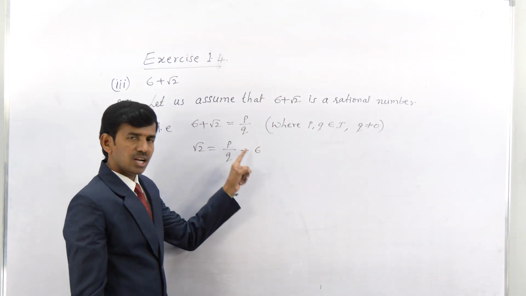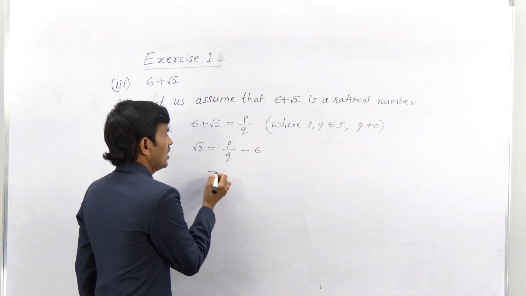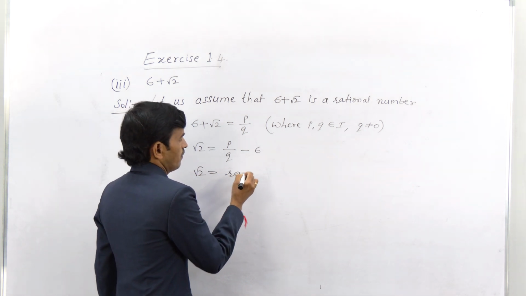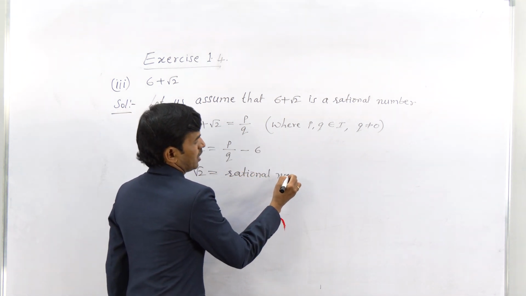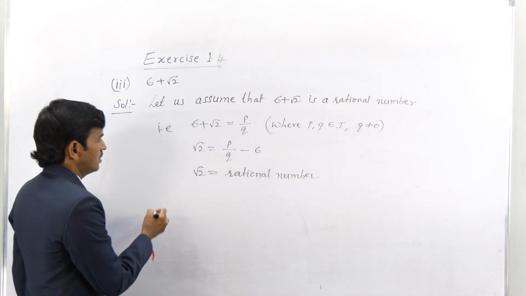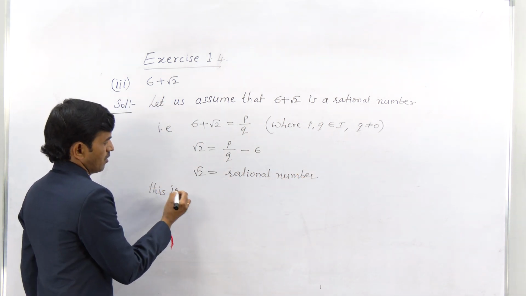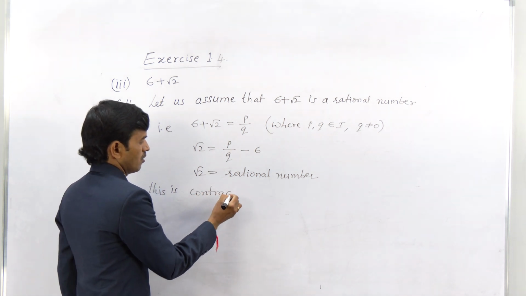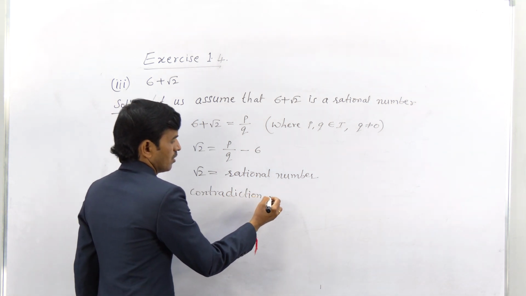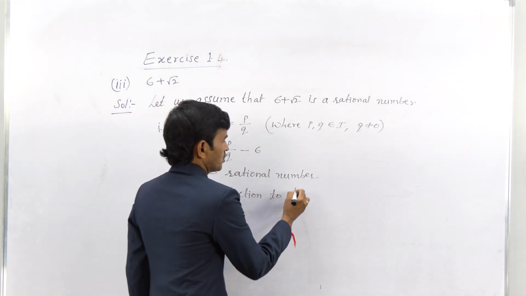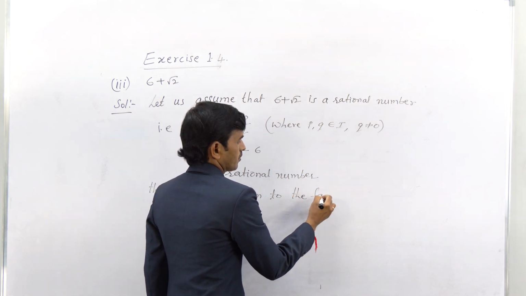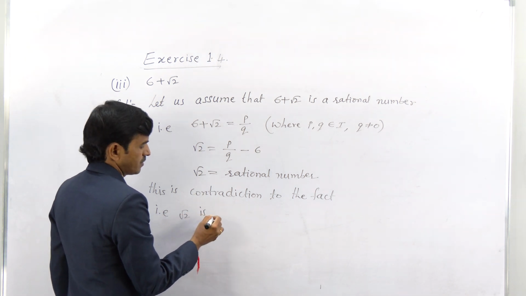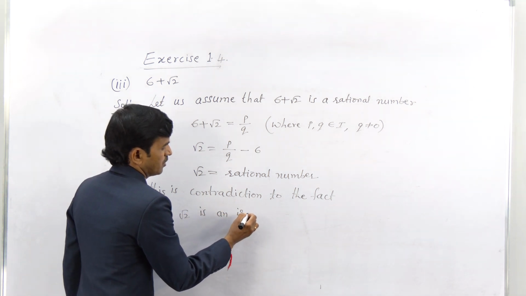Here it is a rational number, and 6 is also a rational number. The difference of two rational numbers also gives us a rational number, so root 2 equals a rational number. This is a contradiction to the fact that root 2 is an irrational number.